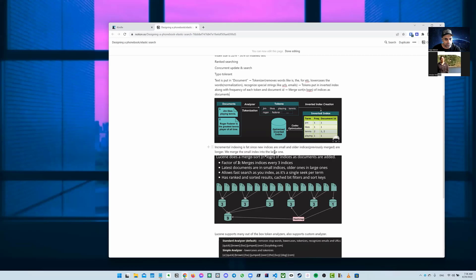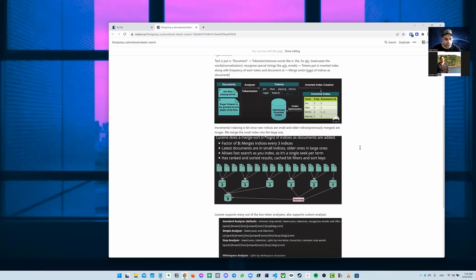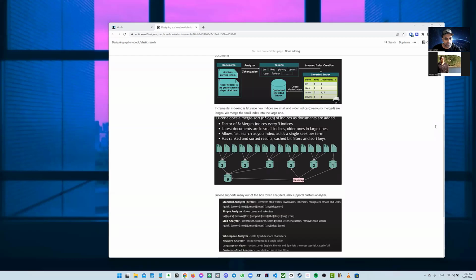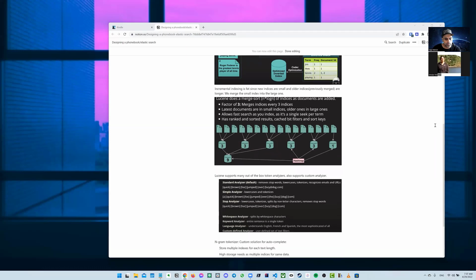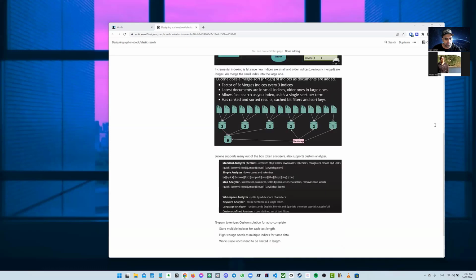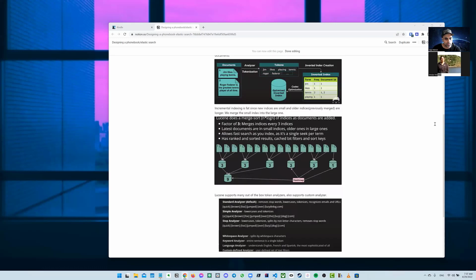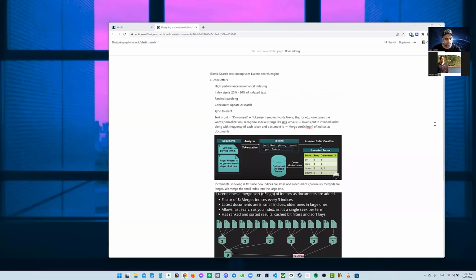There are even NLP-based analyzers for deriving meaning out of text and indexing that way. But that's about the actual backend implementation, how exactly the search engine works. The rest is that I have some experience with Elasticsearch because we are customers of Elasticsearch, so I can talk about it briefly.